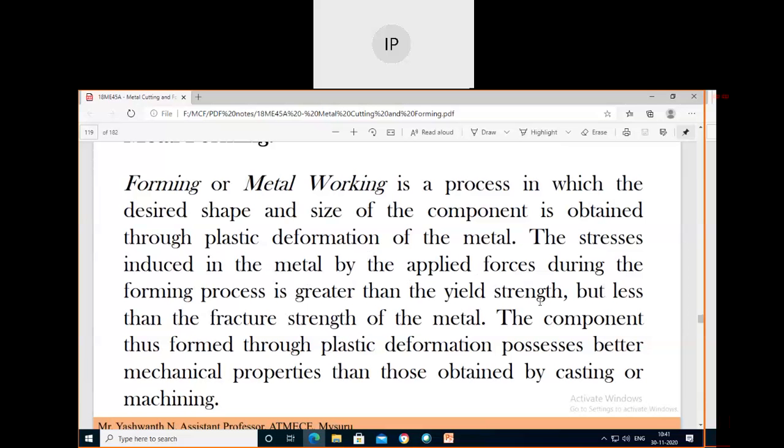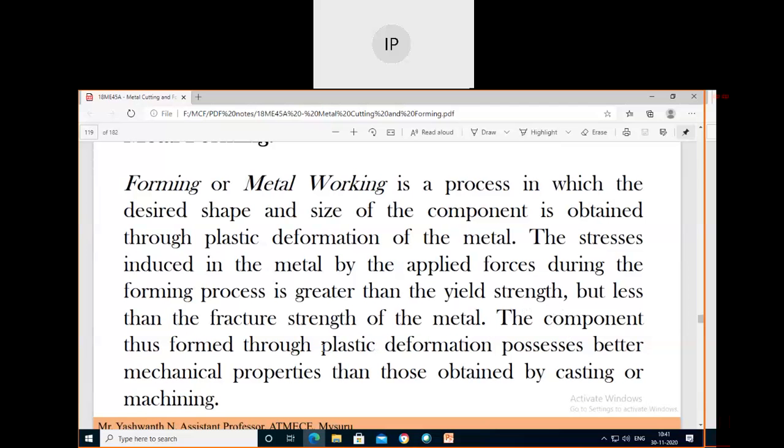What is the yield strength or yield point of a material? It is the stress at which the material starts to deform plastically; that we call the yield strength or yield point.